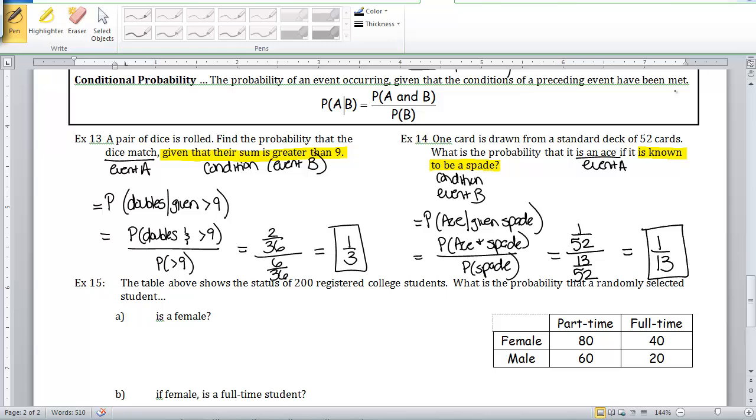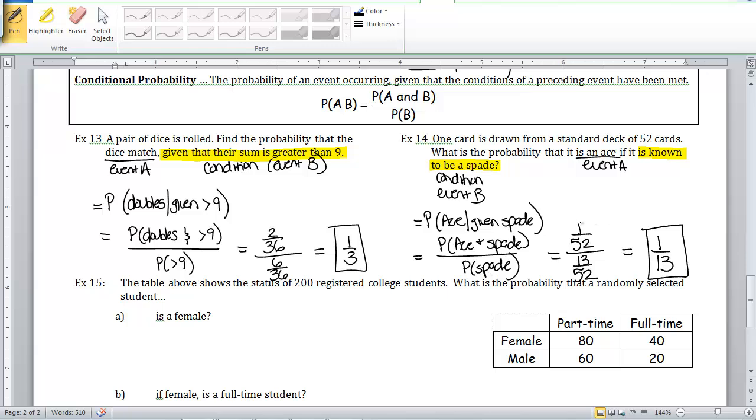So in example 14, the condition was it had to be a spade. So what we were trying to find was that it was an ace, knowing that it's a spade. So that means I need to take the probability in the numerator of the card being an ace and a spade, my condition, and divide out the probability that the card is going to be a spade.